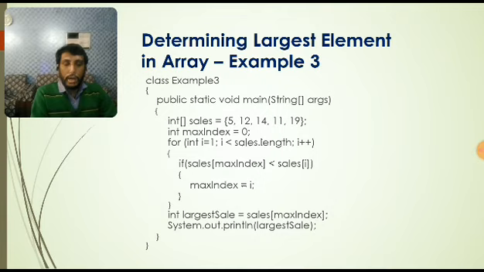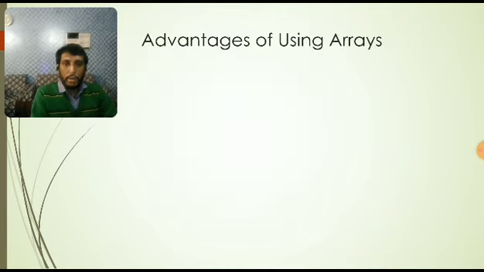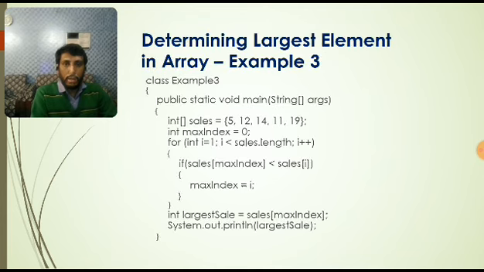This way we can determine the largest value in the array, and length is the keyword to find out how many indexes are created. If we want to run till the last index, then we have to use length with the name of the array. So like this it is working.